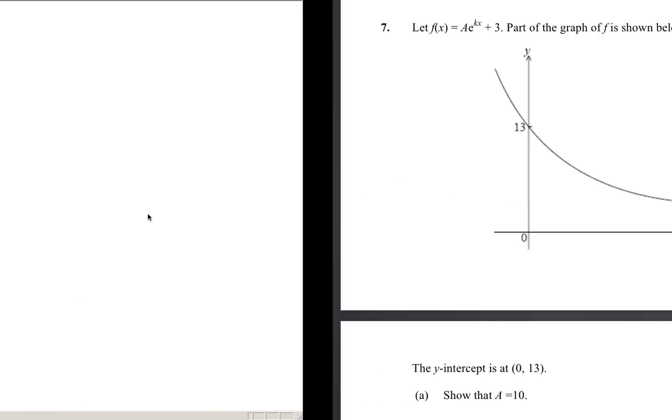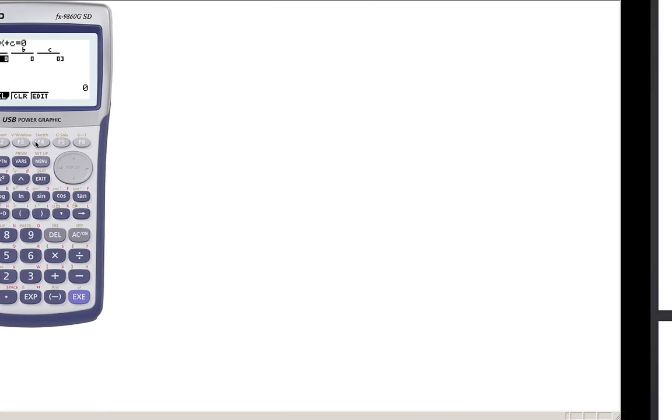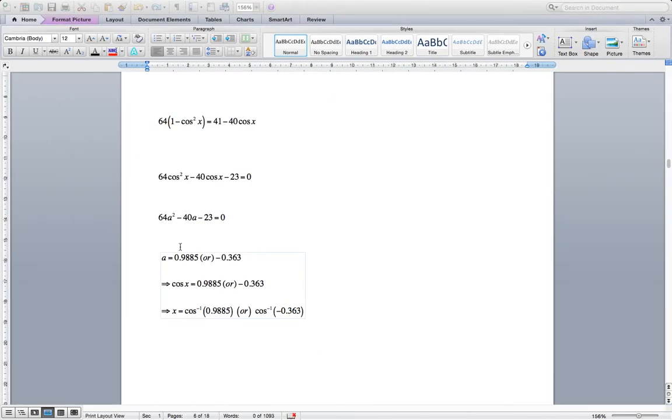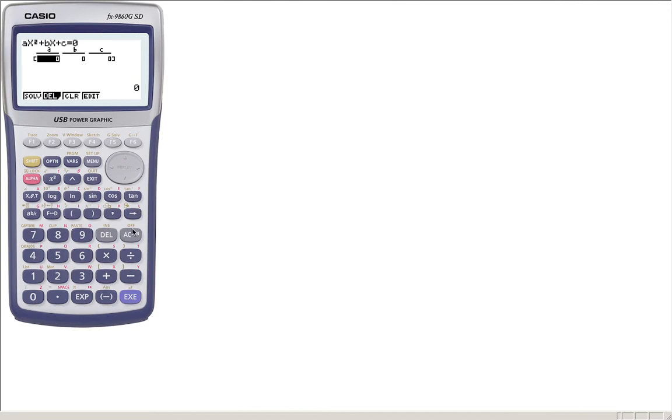So a is, before that, let me delete everything. Yeah, so a is 64, b is minus 40, and c is minus 23. So you can see you get two answers.